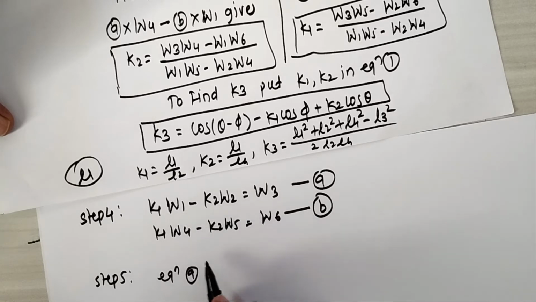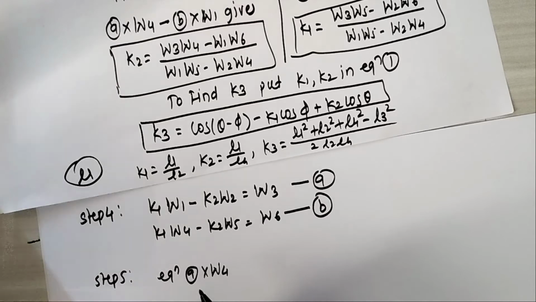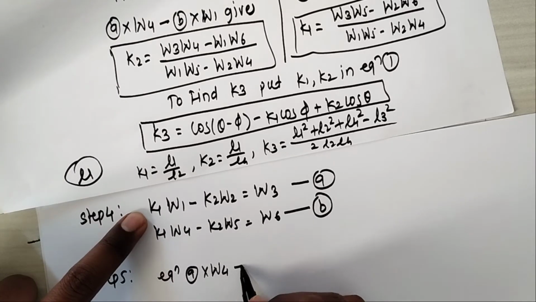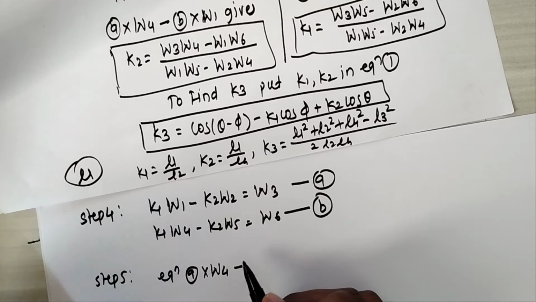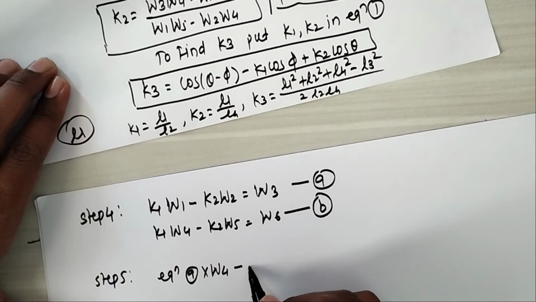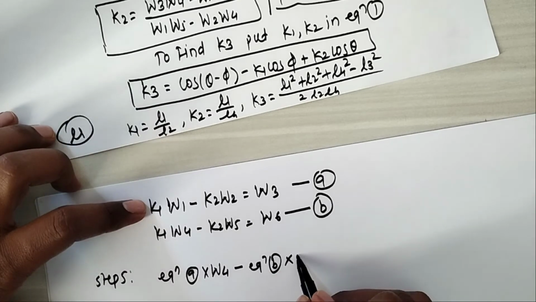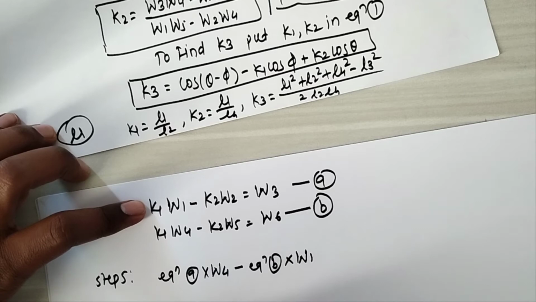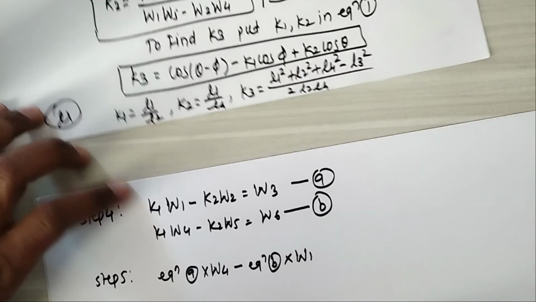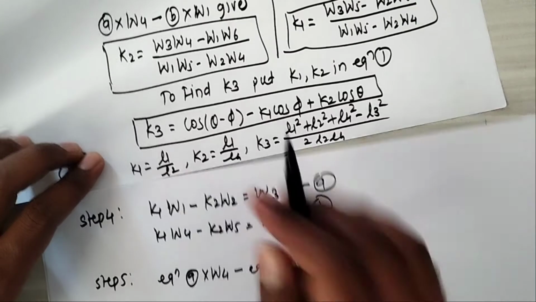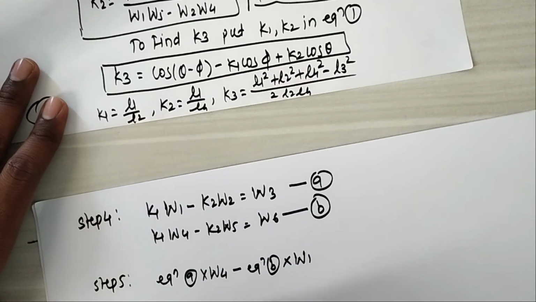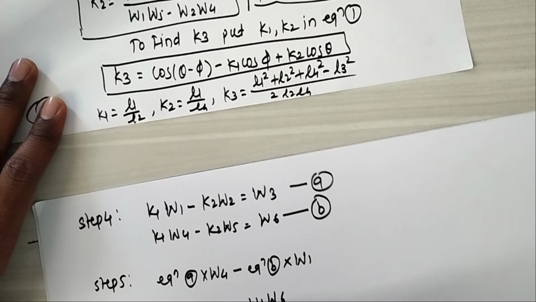So equation A into W4 minus equation B into W1 gives you K2, and by solving this, as we already saw in theory, K2 is W3 W4 minus W1 W6 upon W1 W5 minus W2 W4.